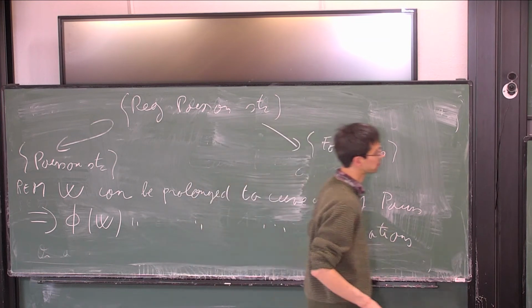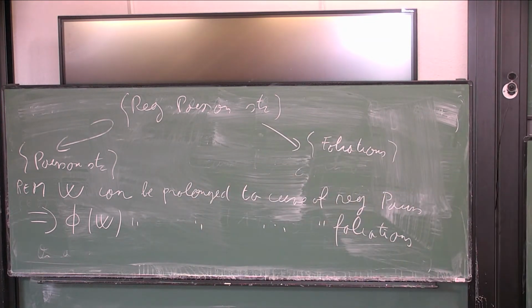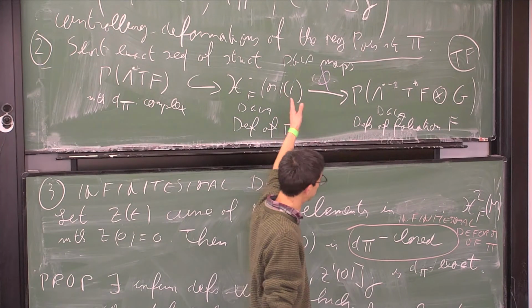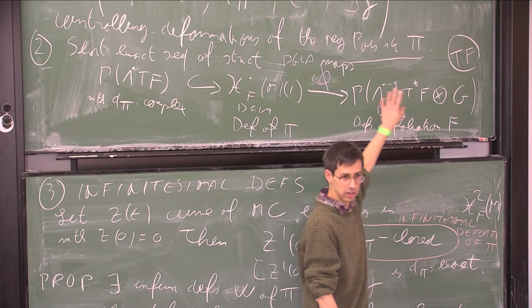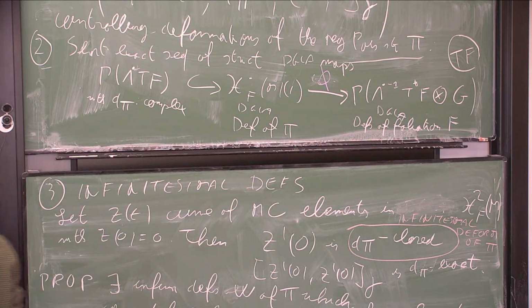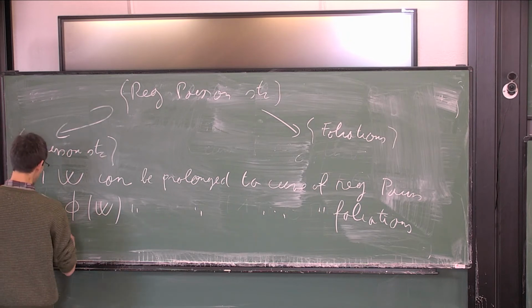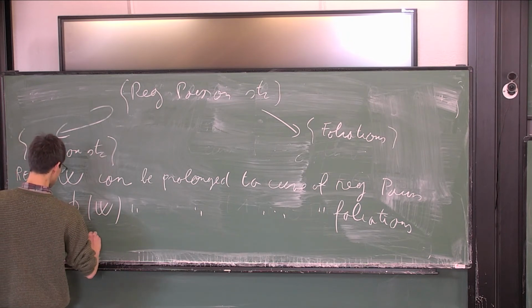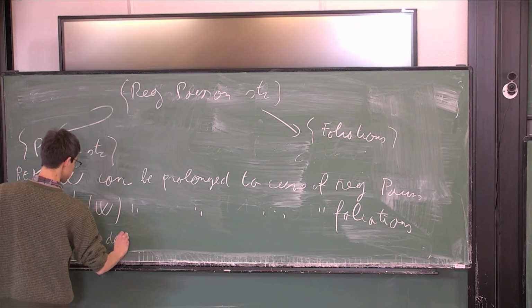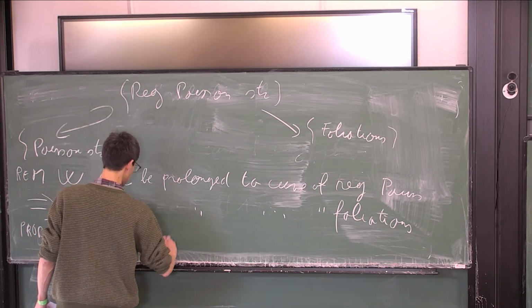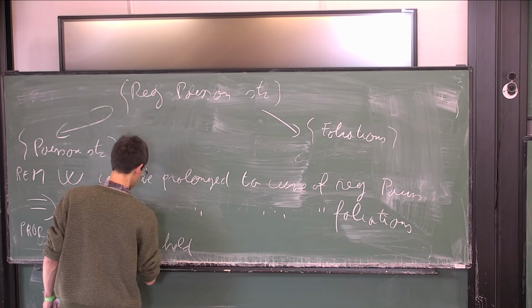This is clear because, if you have a curve of Maurer-Cartan elements here, applying phi, you get a curve of Maurer-Cartan elements here. So phi preserves structure. Proposition: the converse does not hold.